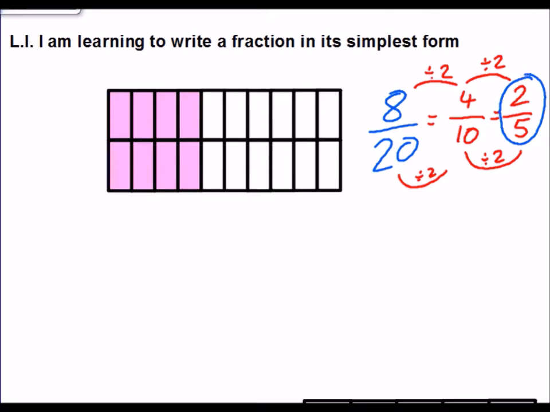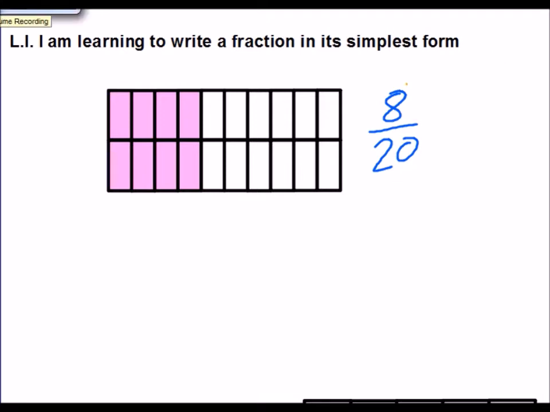So I can ask myself, well, what times table, other than 2, has 8 and 20 in it? And the answer is 4. 8 is in the 4 times table, and 20 is in the 4 times table. So I could have saved myself a bit of working by dividing by 4 in the first place. So let's try that now.